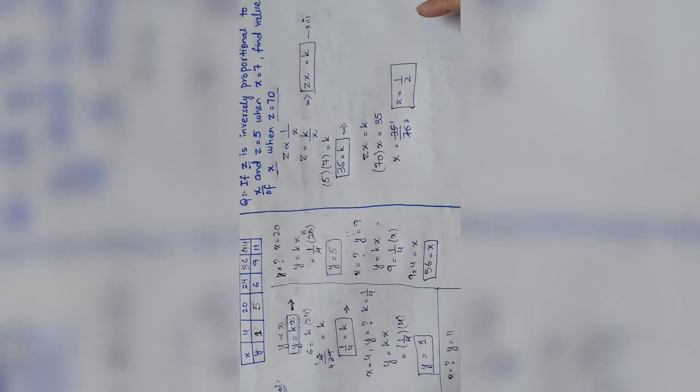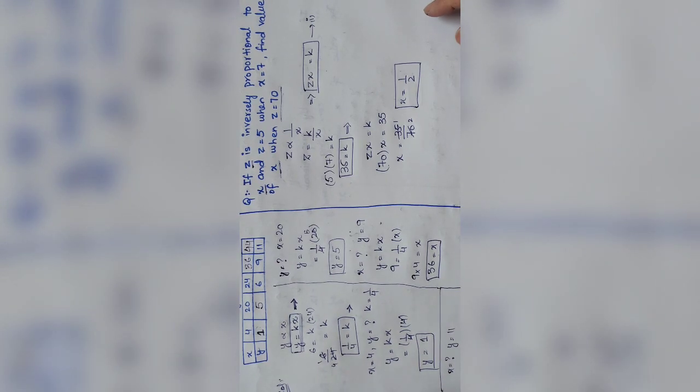We have done both the questions of directly proportional and inversely proportional, and this is your variation. Variation is of two types: directly proportional and inversely proportional. All the questions are similar and like this. Just you have to first find the value of k and then put the values of known quantities and find the unknown which is asked in the question.